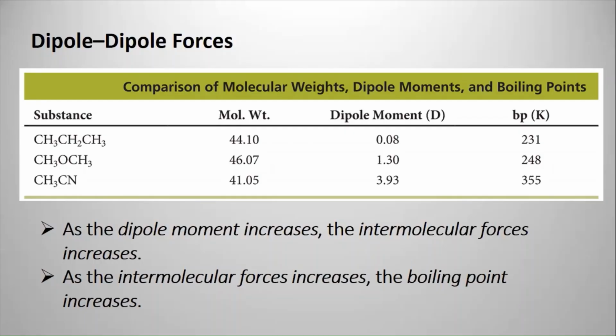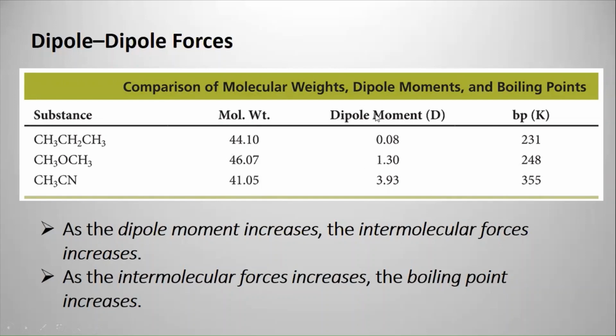It's just unfair. So in order to compare the dipole moment, you have to make sure the molar mass is almost the same. That's why we're keeping that column almost the same. 44, 46, 41, they're plus or minus 5. They're not plus or minus 100, right? So we're keeping them within that range, because the molar mass will affect the shape.